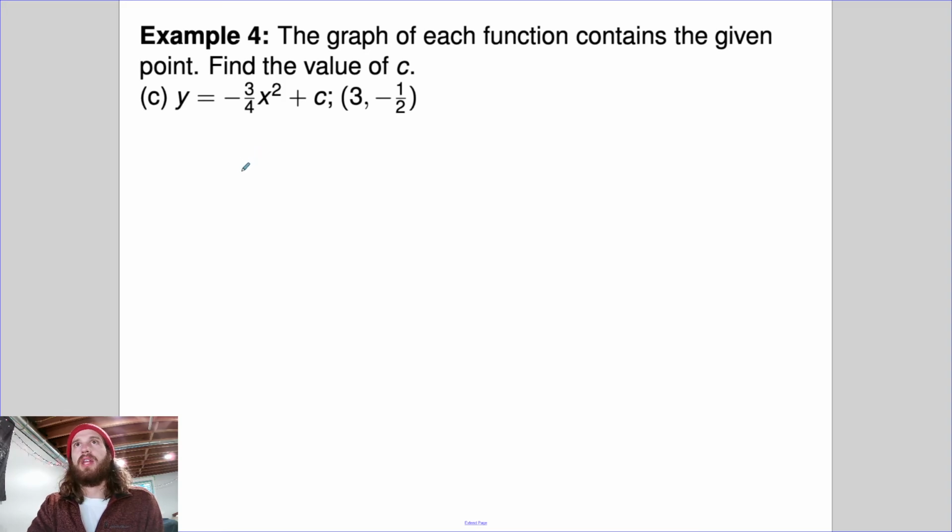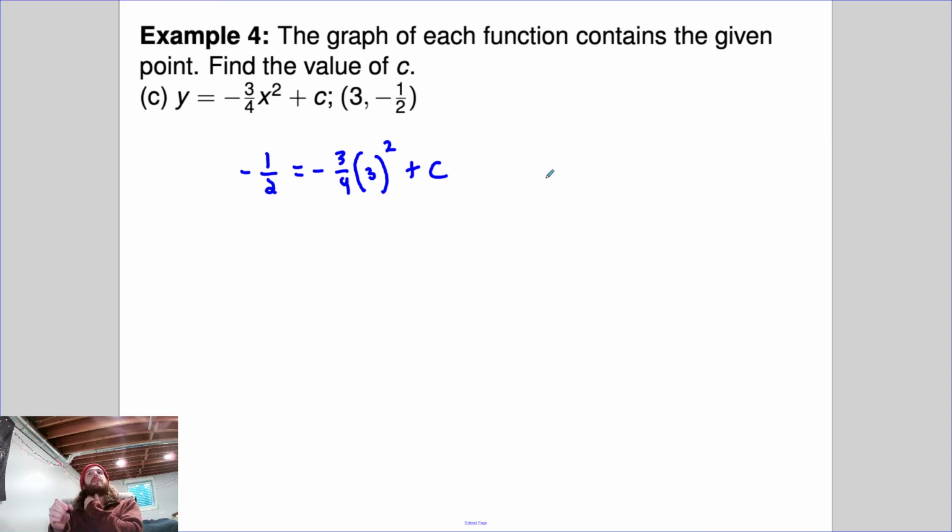Okay, here we go. Plug it in. -1/2 equals -3/4 times 3 squared plus c. So we're solving this equation to get the value of c. I plugged in my y value of -1/2, plugged in my 3. Let's simplify.